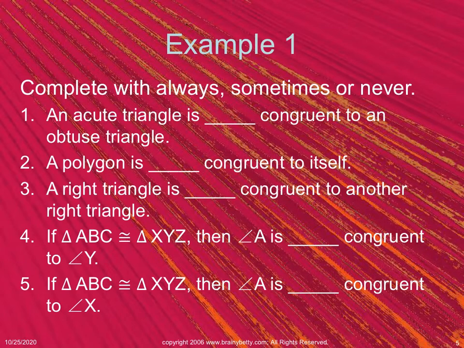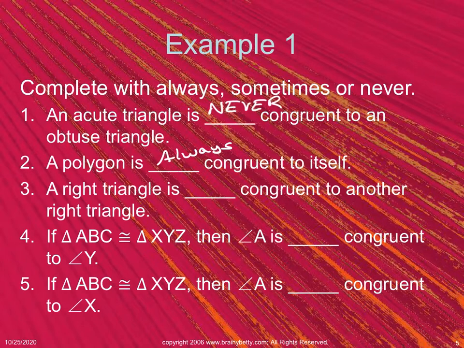So this would be never. The next one, a polygon is blank congruent to itself, and this would be always. So a polygon is always congruent to itself because it's the same size and the same shape.